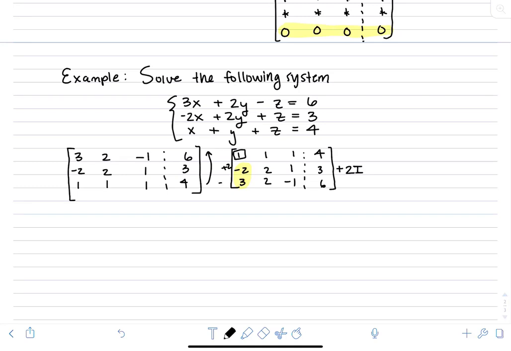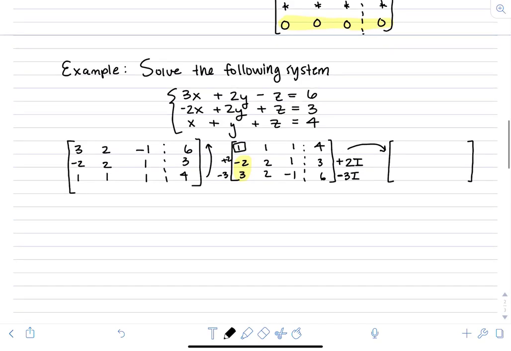And for the third row, if I want to get rid of a 3, I should subtract 3, which would be the same as multiplying the first equation by negative 3 and adding, or that's the same as just subtracting 3 times equation 1. So we'll write it minus 3 times equation 1. Okay, now this is the part where scratch paper might be very useful to you. I have the benefit of working on a tablet, so I can erase my scratch work, but I'll do a little scratch on the bottom here, and then we'll clean it up.